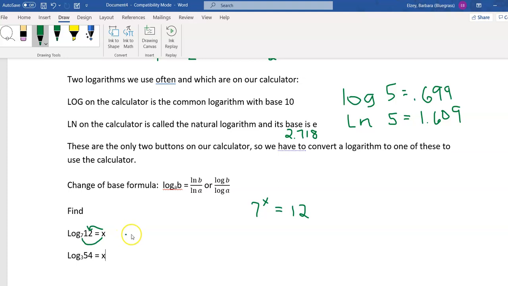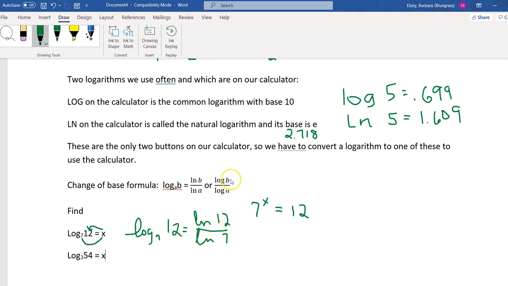All right, so I'm going to just rewrite that log base 7 of 12, and it doesn't matter which button we decide to use. I'm just going to use the ln button. So we'll have ln of this number on top and ln of the little bitty base 7 on the bottom. And then we let our calculator do this.